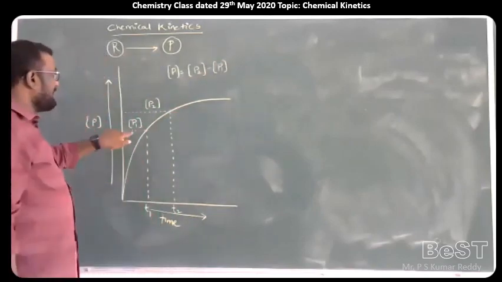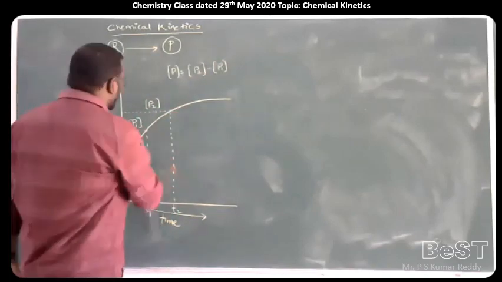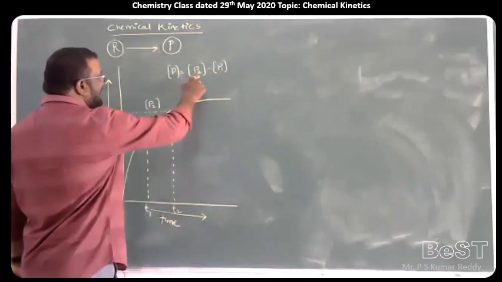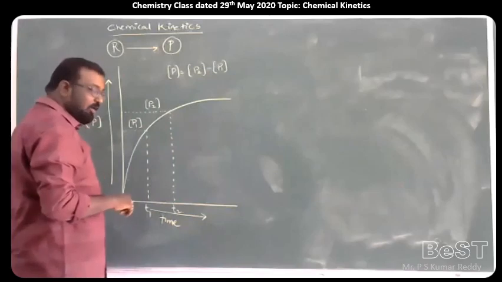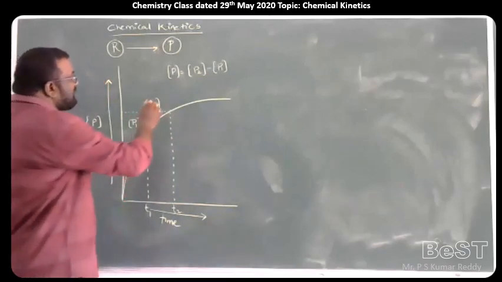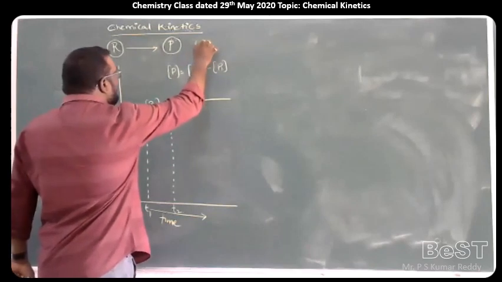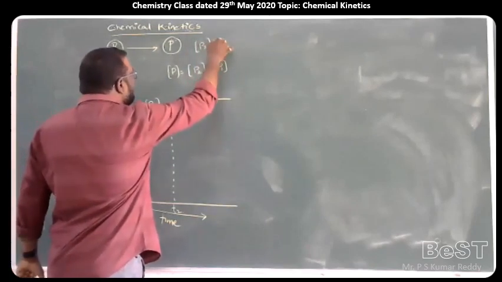So at T1 it is P1, and at T2 it is P2. So P2 minus P1. And one thing you have to remember is that P2 will be greater than P1.